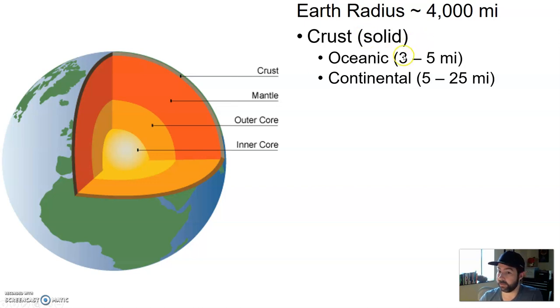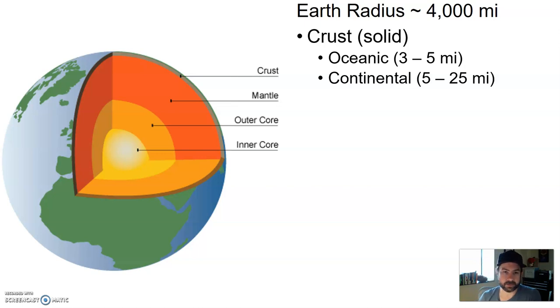Oceanic crust is thinner, only about 3 to 5 miles thick. Continental crust is thicker, 5 to 25 miles thick. But oceanic crust is more dense. It's more compact, so it's heavier. Continental crust, while thicker, is less dense. It's not as compact. So oceanic crust sinks, while continental crust rises.